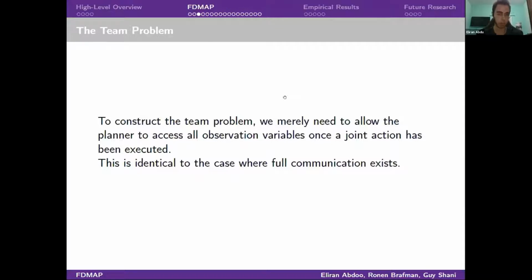So first, the team problem. We receive the original problem P, and we want to construct a team problem, which is basically taking the original Dec POMDP problem P and allowing for full communication, or equally allowing for a master agent to see the observations of all agents after each action, which is exactly what's stated here.